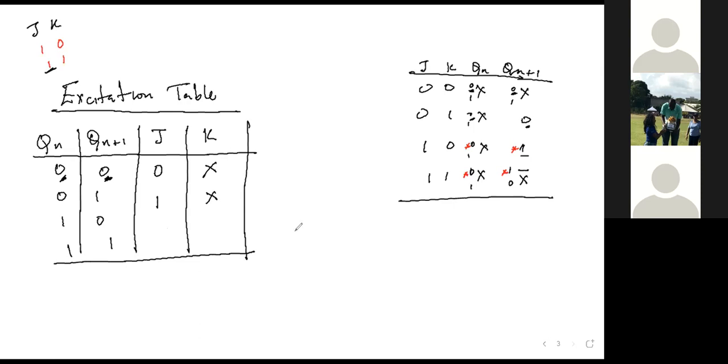Okay, so the next one is 1, 0. Here's a 1 and there's a 0 over here, so that's one condition. And then the next condition is here's a 1 and here's a 0.